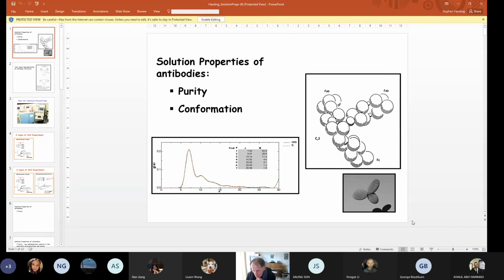And of course, some antibody classes or subclasses have a significant hinge region. IgG3, for example, has a very long hinge region, whereas some antibody classes or subclasses have very little in terms of hinge properties.